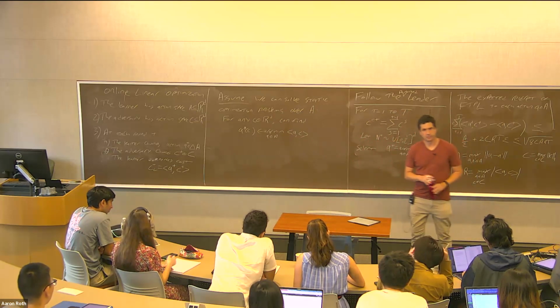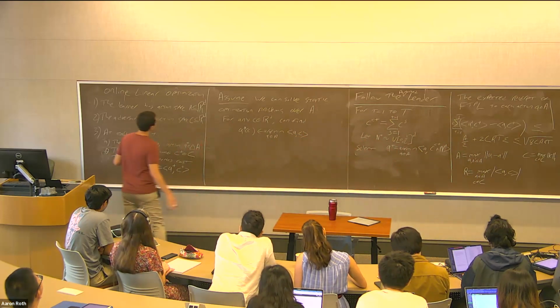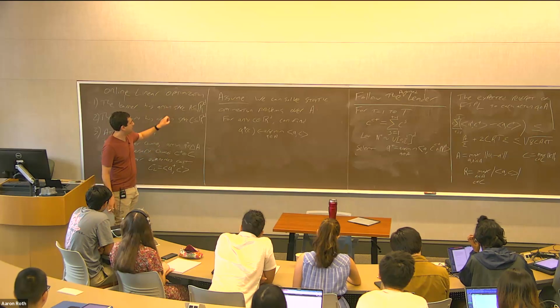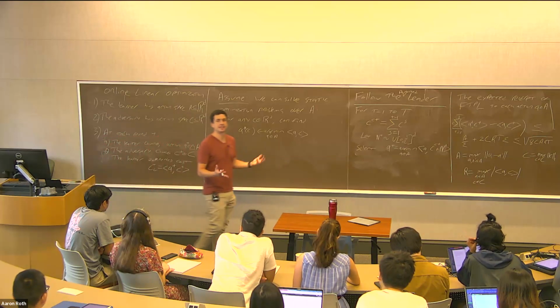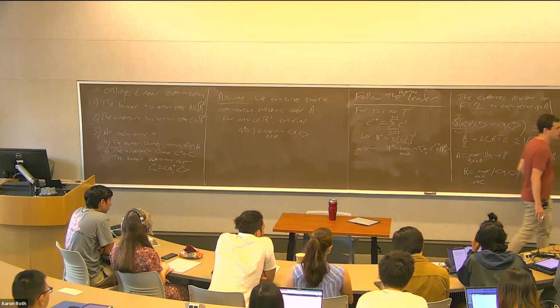So does the theorem make sense? Basically, what you should look at is that the action space and the cost space are fixed things, so whatever these quantities are, they're constants.